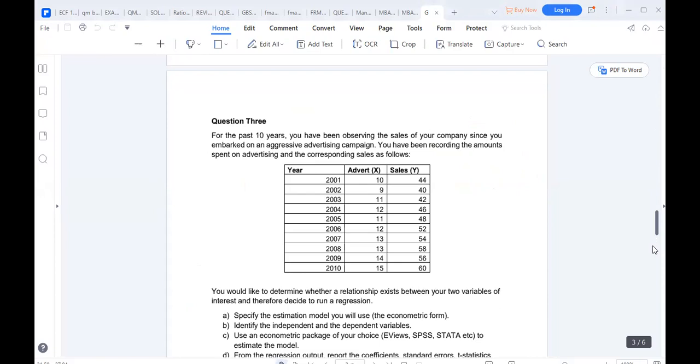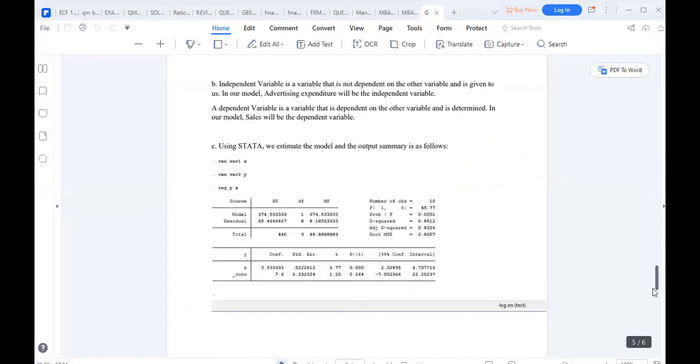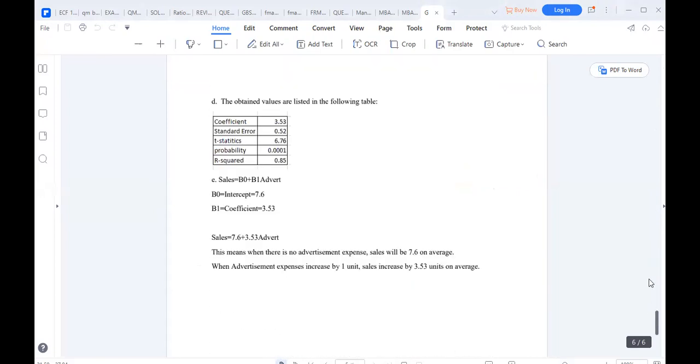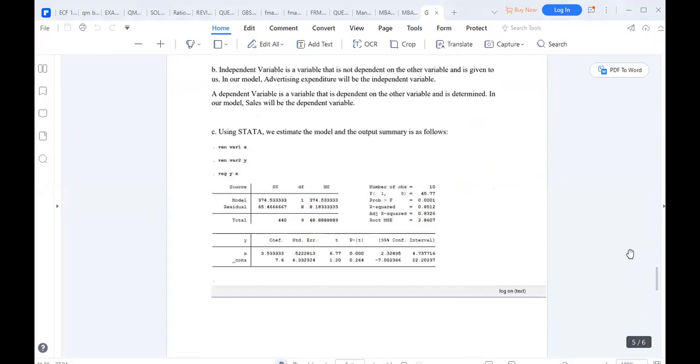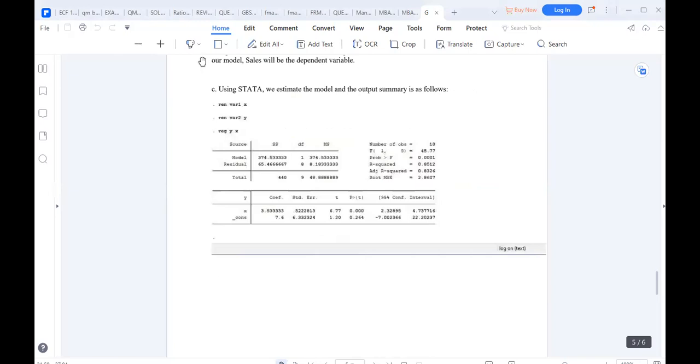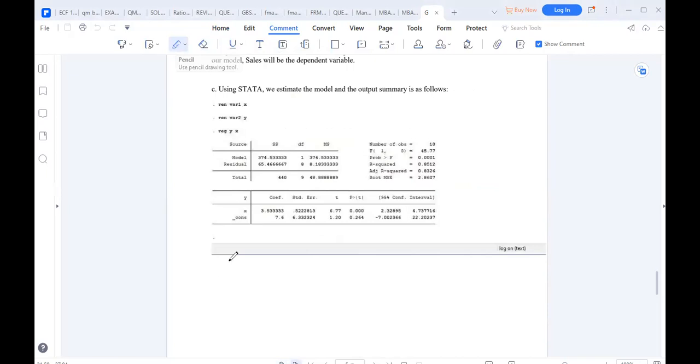Let's go to our assignment, because funny enough, he may even bring your assignment to check the interpretation of your results. Your assignment was done using Stata, and you're being asked to come up with a regression equation. The regression equation is given by the formula y is equal to a plus bx.